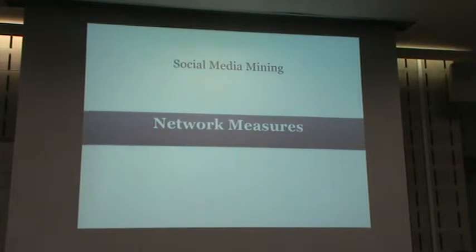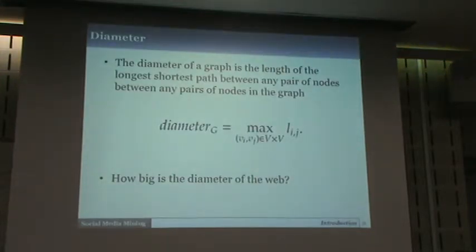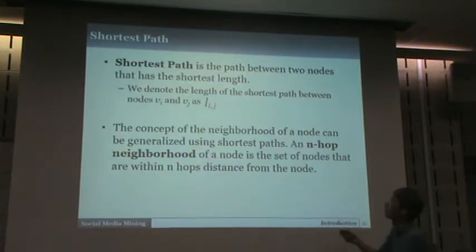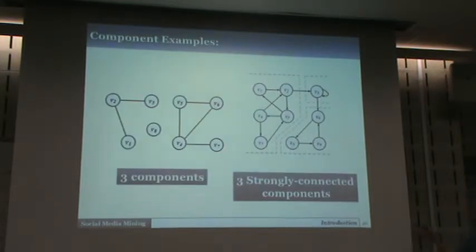Question? Yes. What does it mean, the longest shortest path? For example, when you have a graph like that, the diameter can be measured by 1, 2, 3, 4, 5, 6. That is the diameter, the size of the longest path to travel. So here to here is 1, 2, 3.